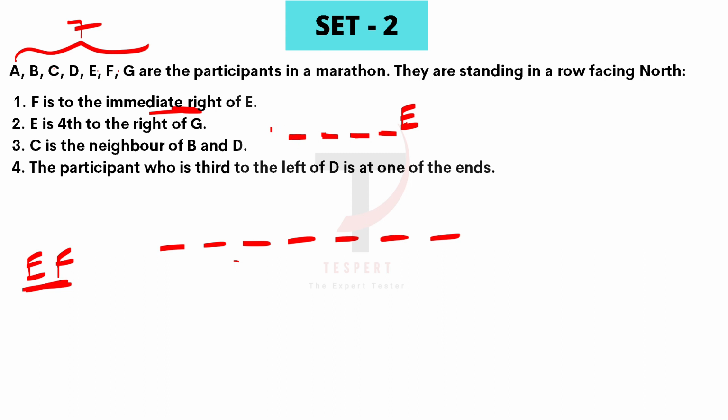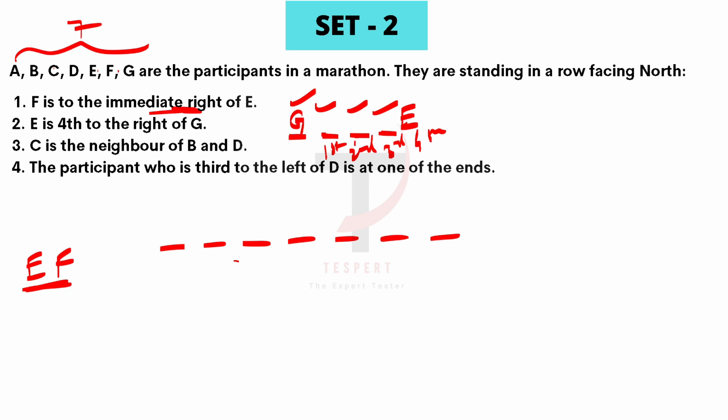G must be here, because E is fourth to the right of G. Alright, don't count it from here. Don't count it like this. No, this is wrong. You have to count one step after the person who is just placed.